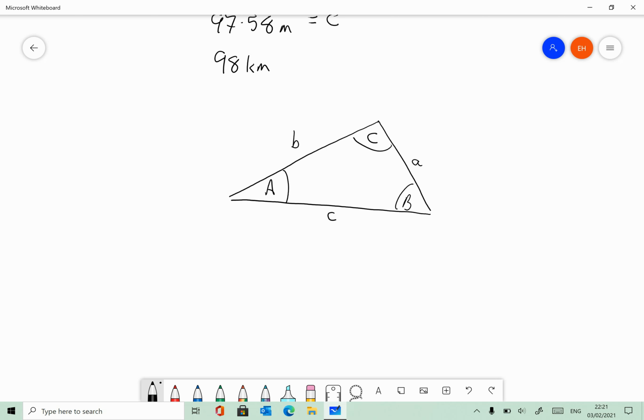If I'm looking for some side, I can use the following formula, and the following formula is on page 16 of the maths tables.